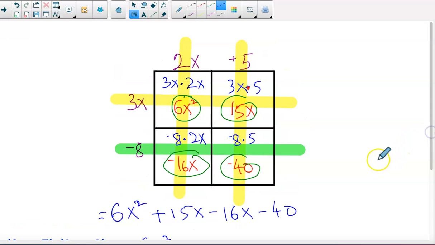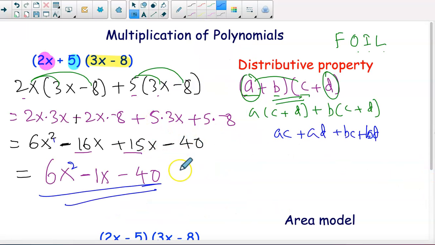So multiplication is done like this. Either you have it in these boxes, write on the top two terms and on the side two terms, fill in all the boxes and simplify, or directly use your distributive property and simplify, whichever is convenient.